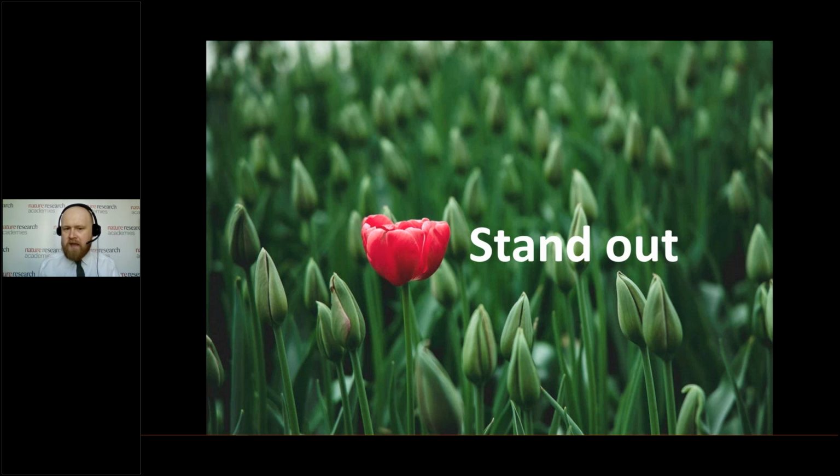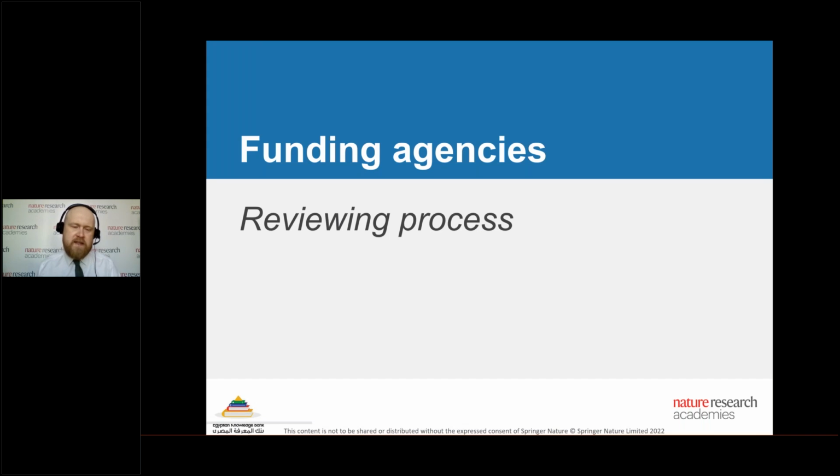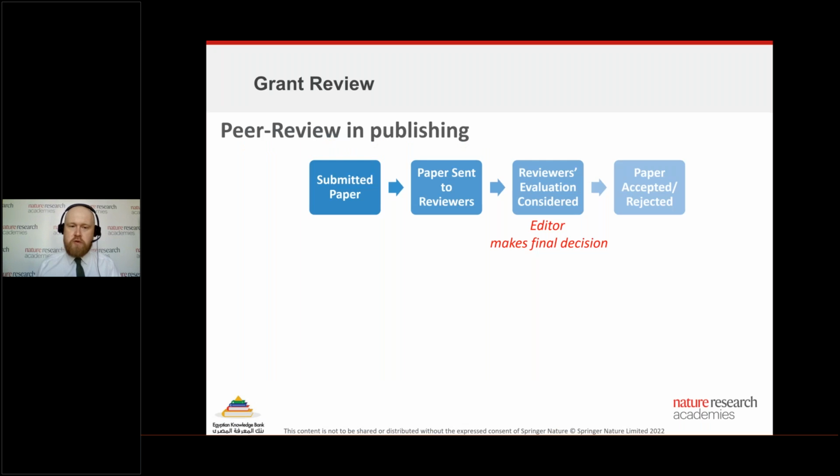So let's have a think about what grant reviewers are looking at when they evaluate a manuscript. Okay, so let's have a think about the reviewing process. Now, the grant review process is actually similar to the peer review process in publishing. In publishing, we write our manuscript, we submit the manuscript to a journal, and then we have the peer review process.